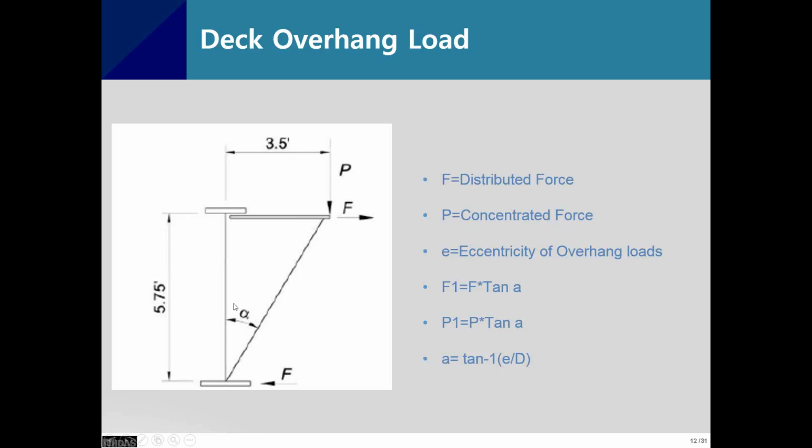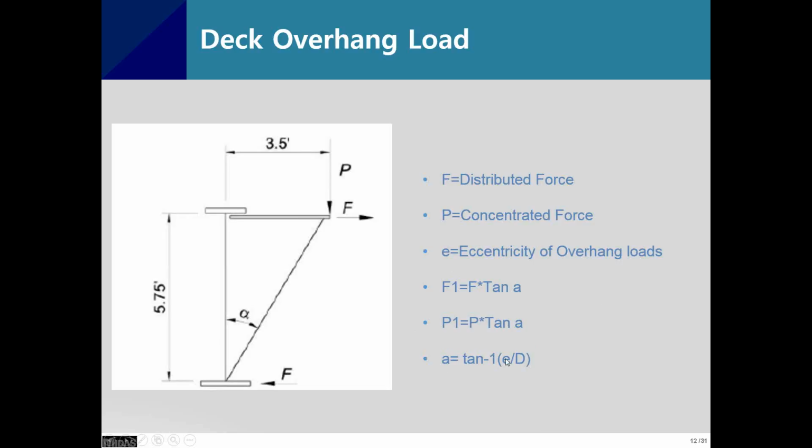You can see the angle alpha on here, but as you can see, the web height is already defined in the section properties. And if you just tell the program the eccentricity of the overhang, Midas Civil automatically calculates the angle alpha, and that will be applied to get F1, which is F times tangent alpha, and P1 equals P times tangent alpha. Those calculations will be done by Midas Civil.